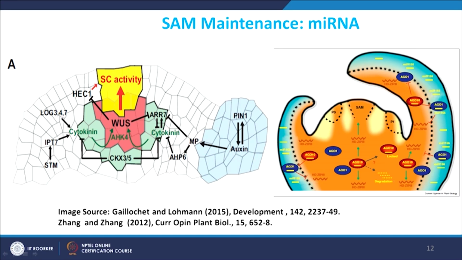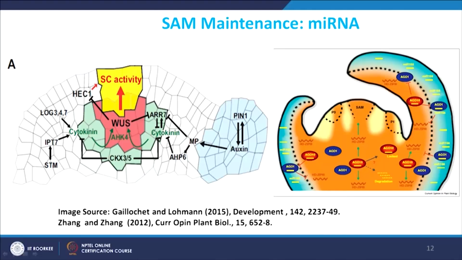And if you look here, this is a slightly complex slide, but just to generally tell you how microRNA is helping in establishing a proper polarity or stem cell maintenance. Here you can see the asymmetric distribution. On this side, which is the abaxial side, you have a high amount of microRNAs, and that is why its target, which is HD-ZIP, is low at this side.